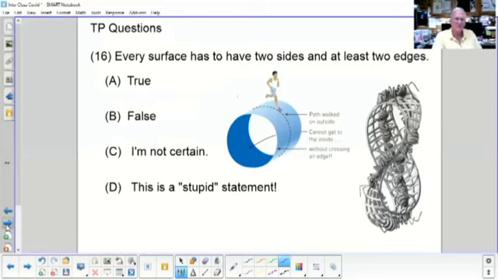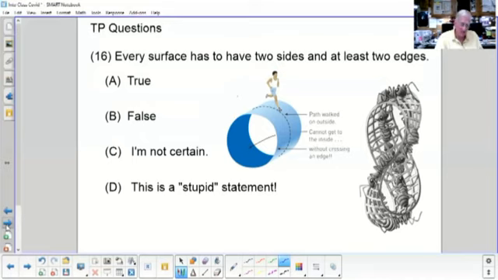Every surface has at least two edges and at least two sides. Is this true? Is it false? Not certain? This is a stupid statement? Well, look at this cylinder that this gentleman is running around here. You can see that it has to have two sides, right?